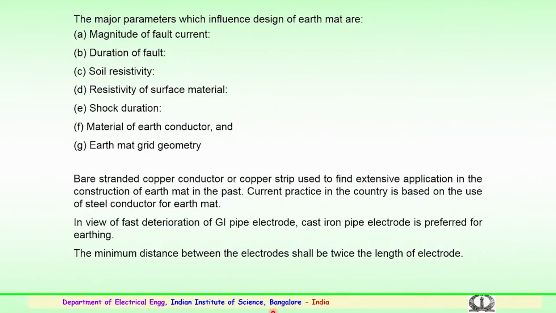The major parameters which influence the design of the earth mat are very important. They are the magnitude of the fault current.